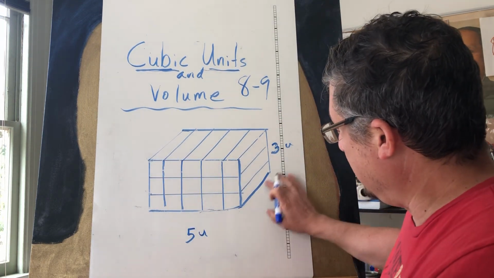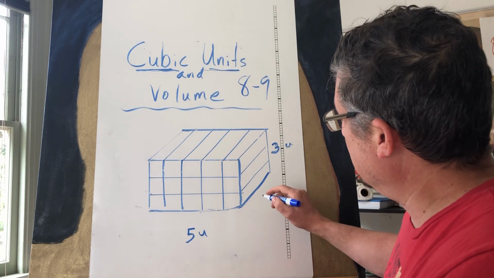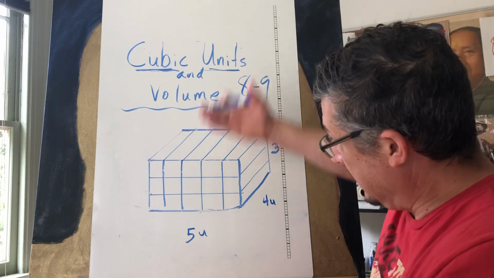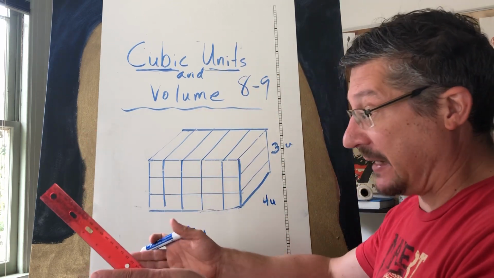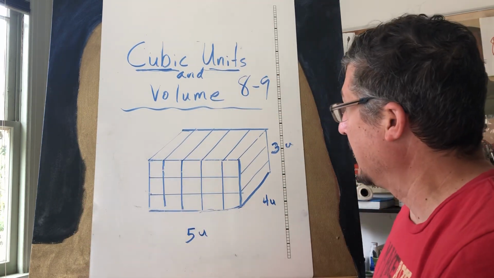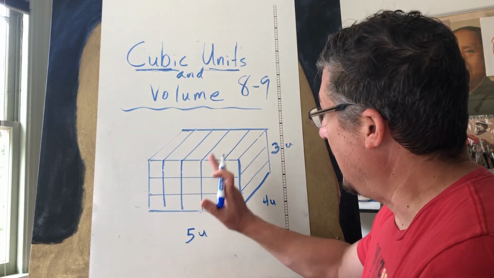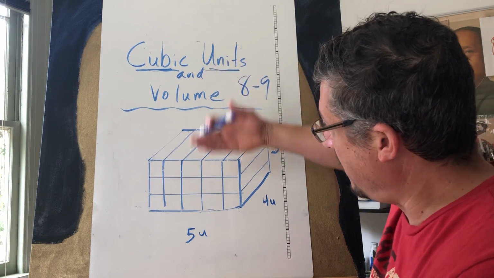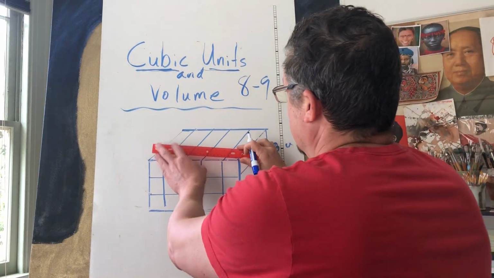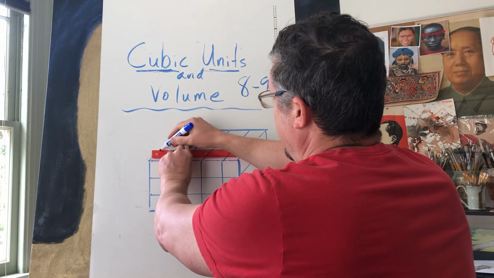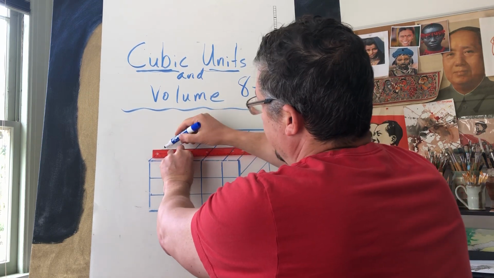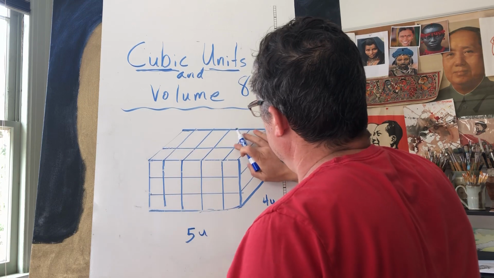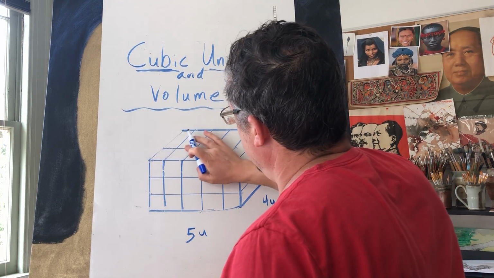Okay, well now I got this distance, and I think I can fit 4 units. So I'm going to cut it this way, as if it's a box, I'd be cutting from the top, right? If you think about this as a shoe box, I cut it 5 ways this way, 3 ways this way, and now I'm going to cut it 4 ways this way. Oh, shoot. I think I went a little bit too far for that.